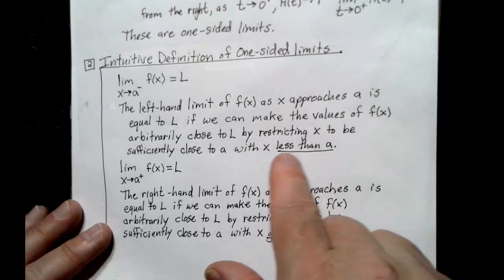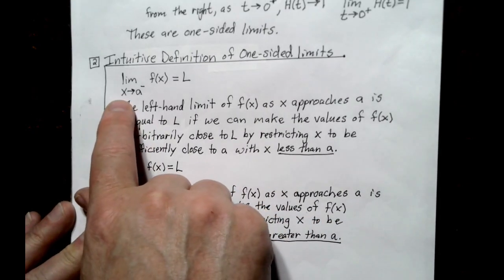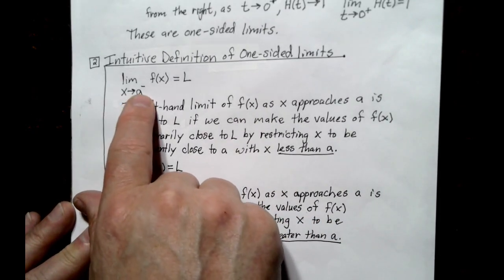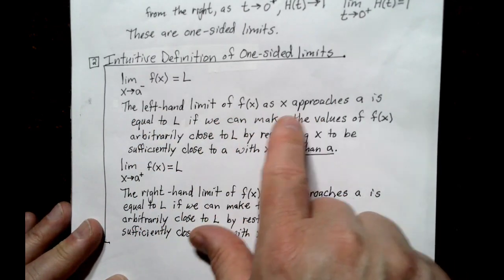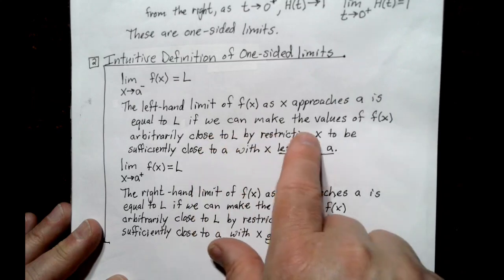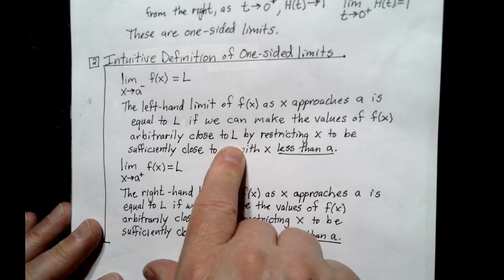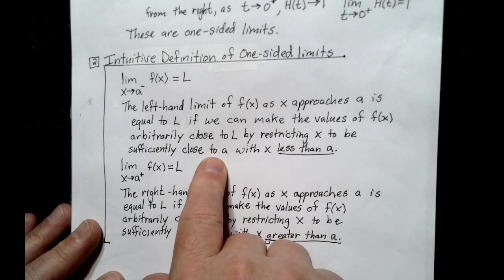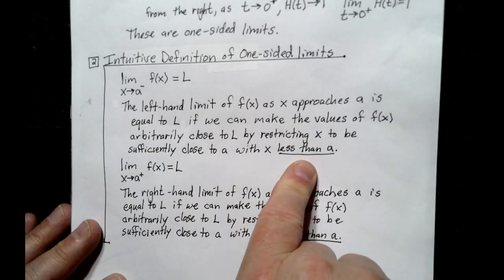These are what are called one-sided limits. So here's your left-sided limit, left-hand limit. As x approaches a negative, you can say the left-hand limit of f as x approaches a is equal to L if we can make the values of f arbitrarily close to L by restricting x sufficiently close to a, with x less than a.